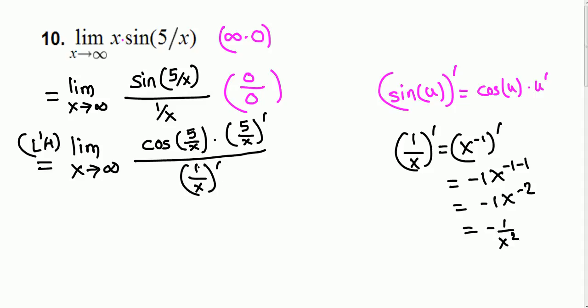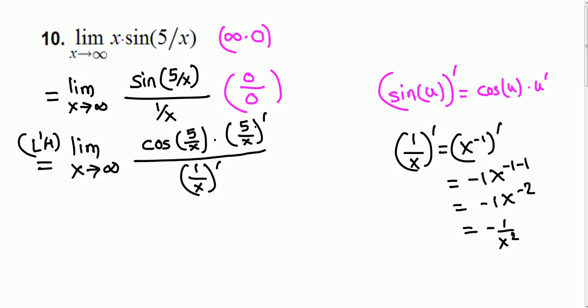By the way, we don't have to find the derivative. When we take 5 outside, we have the derivative of 1 over x on top, and the same thing on the bottom, the derivative of 1 over x. Whatever that value is, they simply cancel.